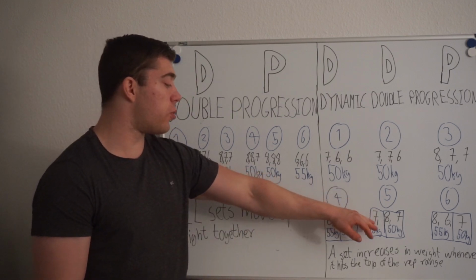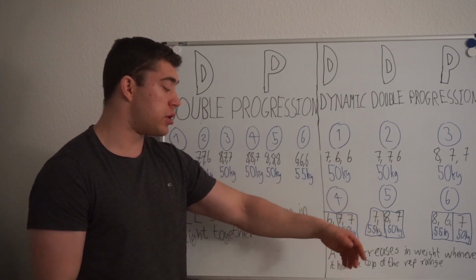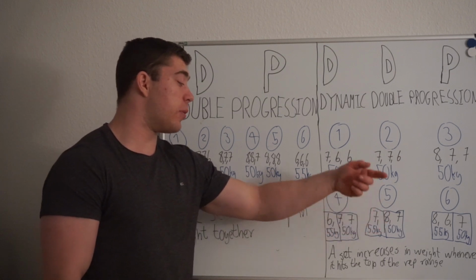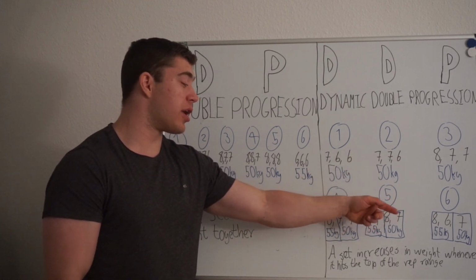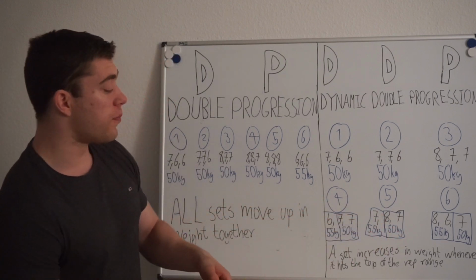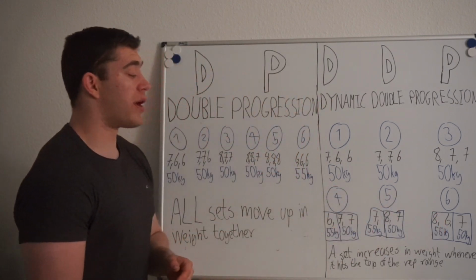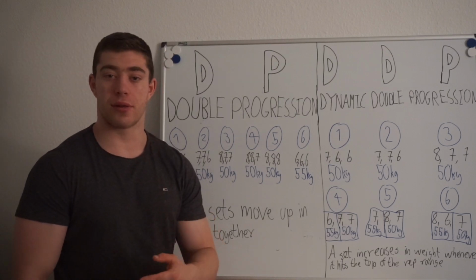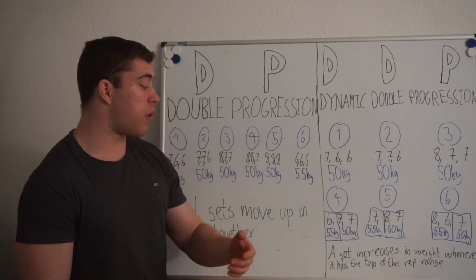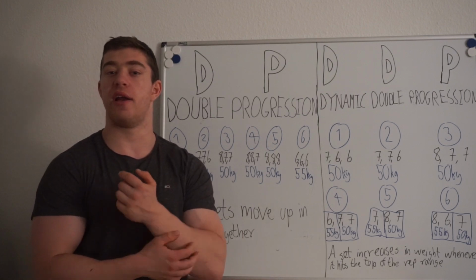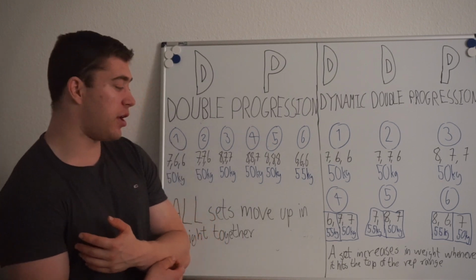Then for the next week, the 5th training or whatever, we're using 55 kg for the first set, and with 50 kg we get 8 and 7 reps. So for the last training over here, we're getting 8, 6 and 7 reps, but the first 2 sets are with 55 kg now, and the last set is with 50 kg.